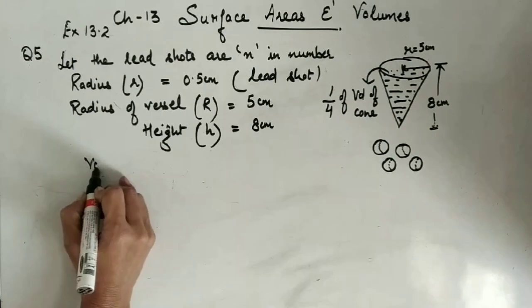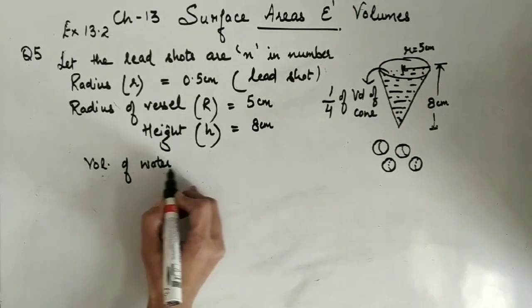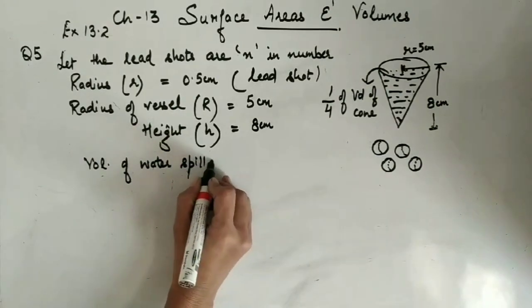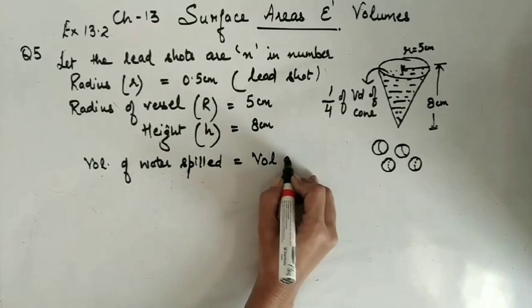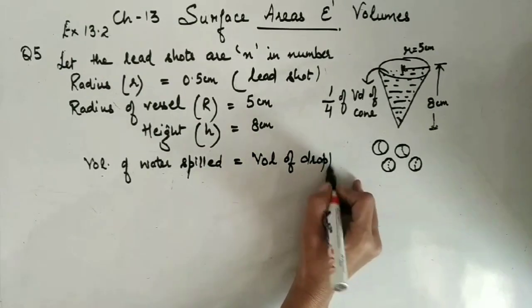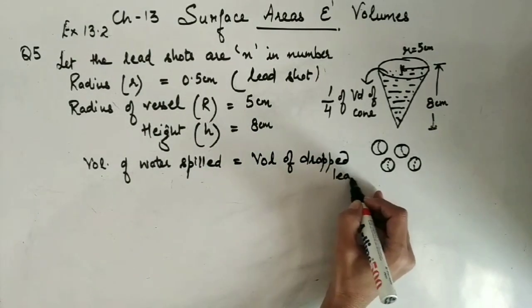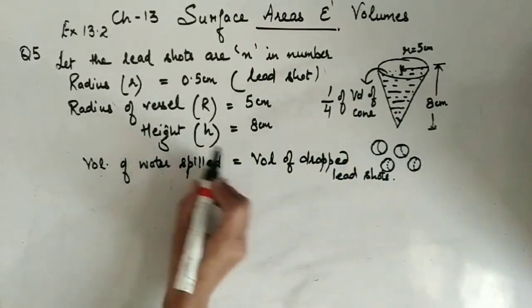Now the volume of water which spilled out is equal to the volume of the dropped lead shots. It is due to those lead shots only that water spills out.